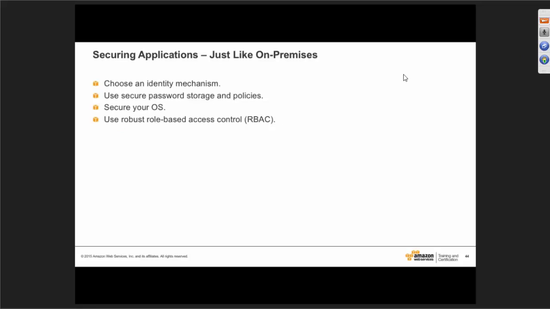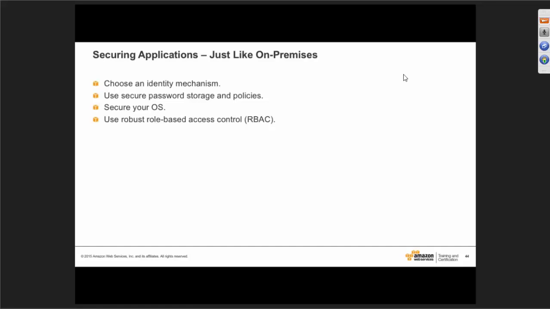So what you have to do is essentially have some kind of way to manage those, whether it's federation of your existing Active Directory and then IAM, or keeping them separate in order to control security in a different way.